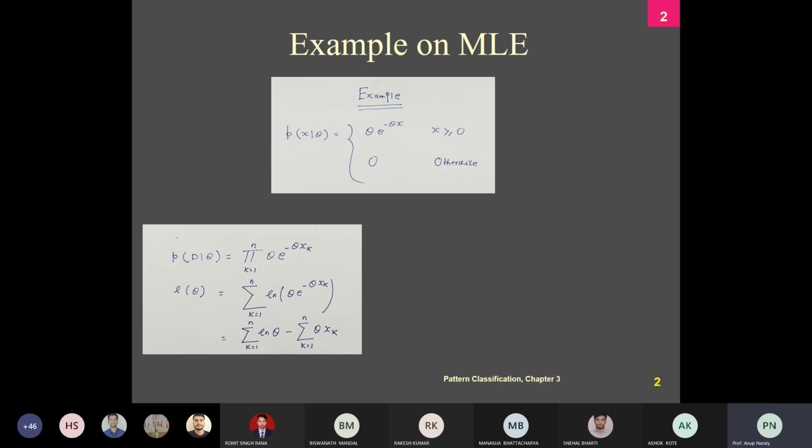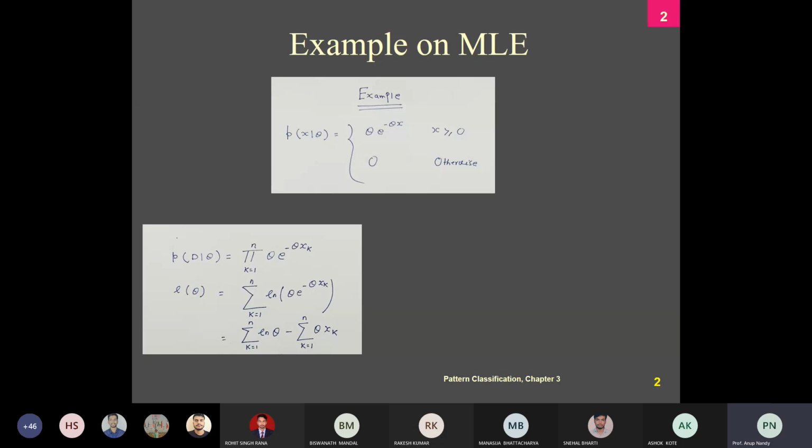Now how do you compute the maximum likelihood estimate of theta? As I already told you, this p(D|theta) has to be a differentiable function of theta.